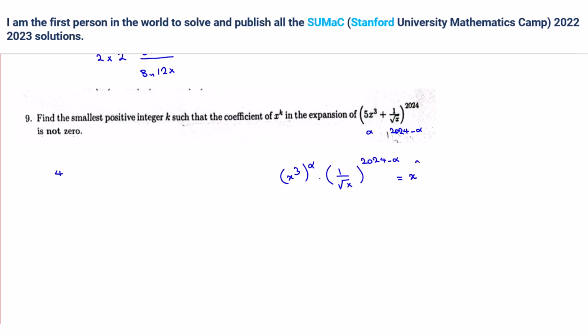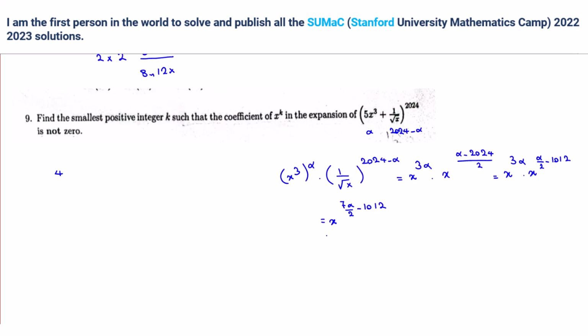So it would be x to the 3 alpha times x to the power of negative of this over 2. It would be alpha minus 2024 over 2. Agreed? Yes. So it would be x to the 3 alpha times x to the alpha over 2 minus 1012, right? Yeah. So it would be x to the 7 alpha over 2 minus 1012, right?